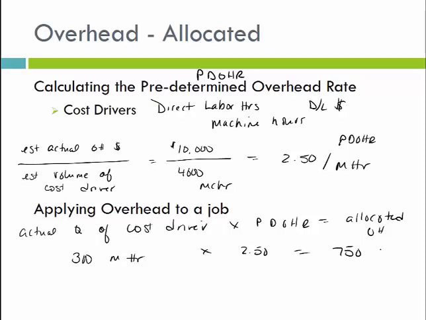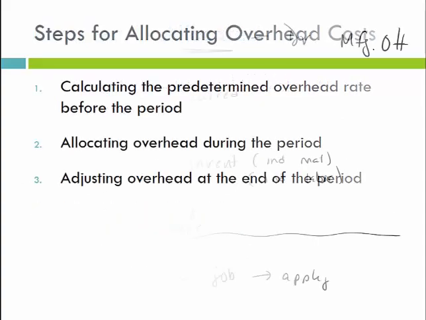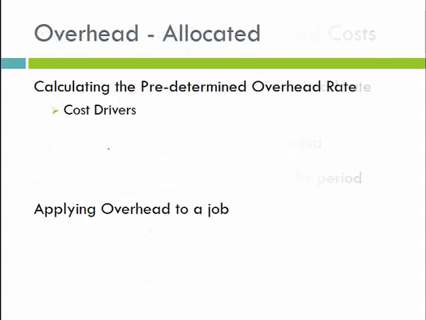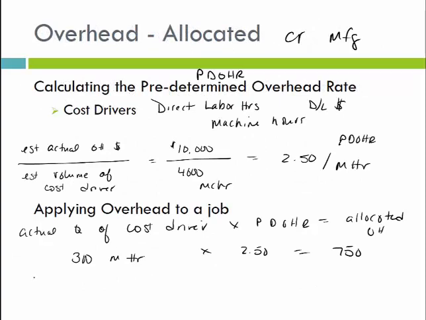And again, when I'm allocating it, I'm going to be crediting manufacturing overhead. Before, when I was doing the actual overhead, I was debiting it. Now that I'm allocating it, I'm going to be crediting manufacturing overhead. So I would debit work in process, and I would credit manufacturing overhead for $750.